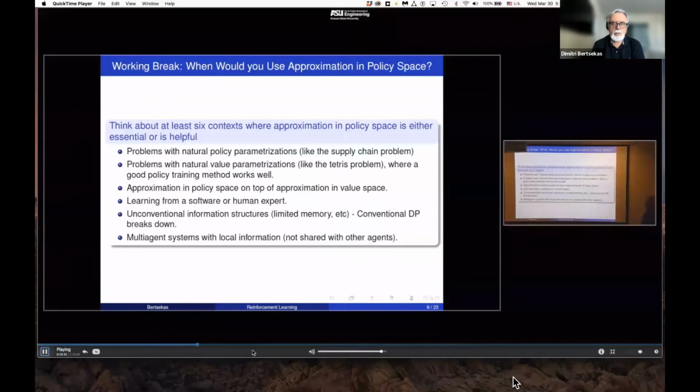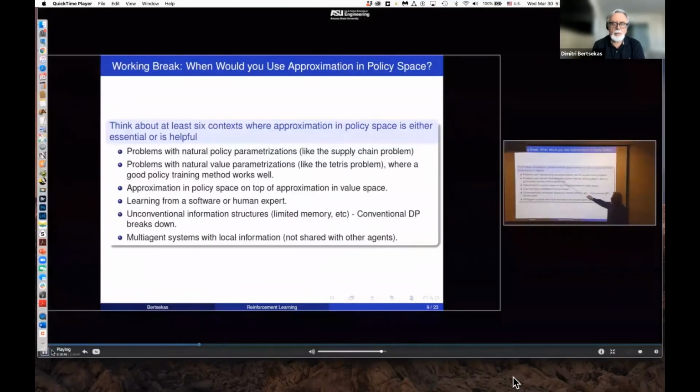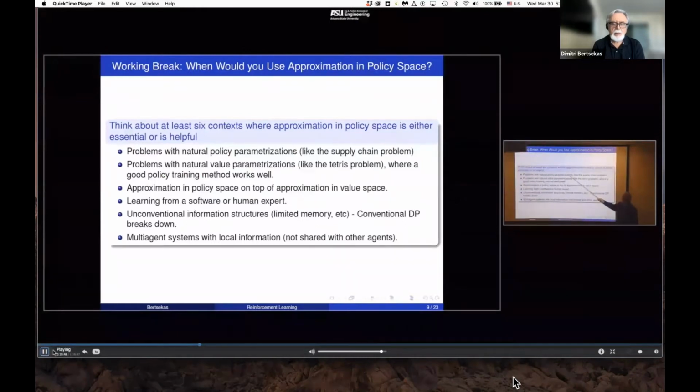Think about contexts where approximation in policy space is either essential or useful. And I've listed here 6 contexts just to consider. One we have discussed, when problems where there's a good natural policy parameterization, like the supply chain problem. Problems with good value parameterizations, where we use a good policy training method, like the Tetris problem I discussed.